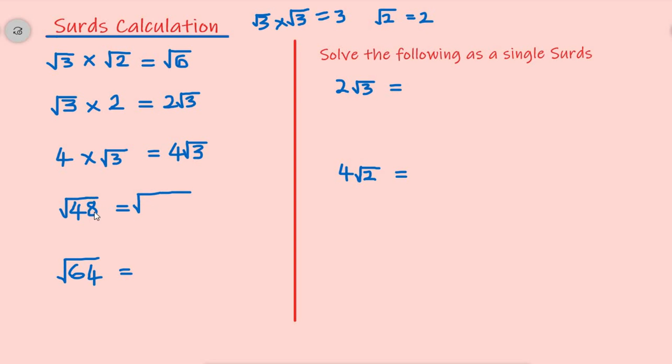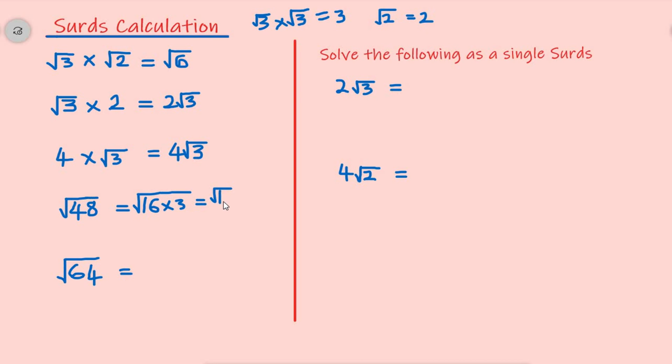How can you break this 48 into simple numbers? We can use 16 times 3. 16 times 3 still equals this.